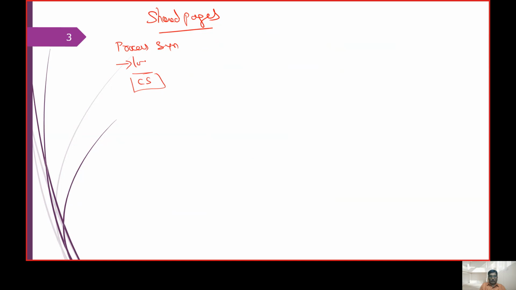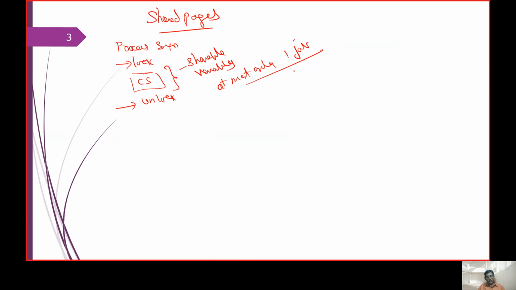Before that, we lock the process, and thereafter we unlock the process. The reason is that it has some shared variables, and when accessing a shared variable, at most only one job needs to handle that. That is what we talked about, shared content, etc.